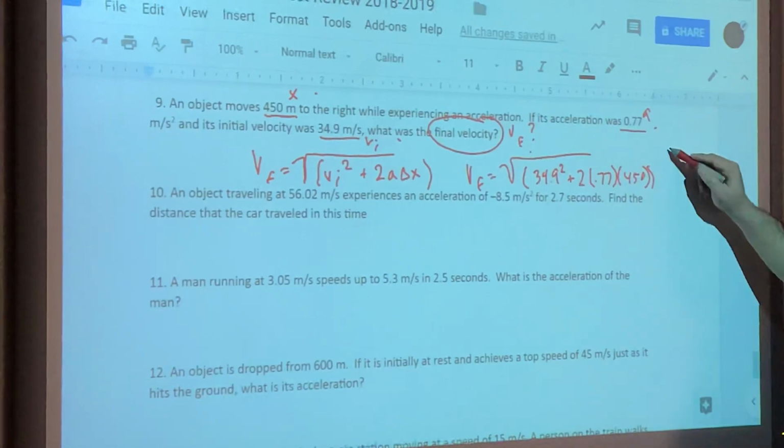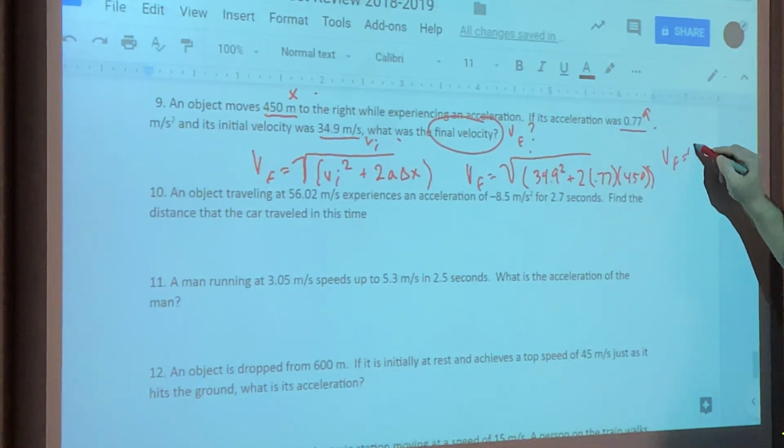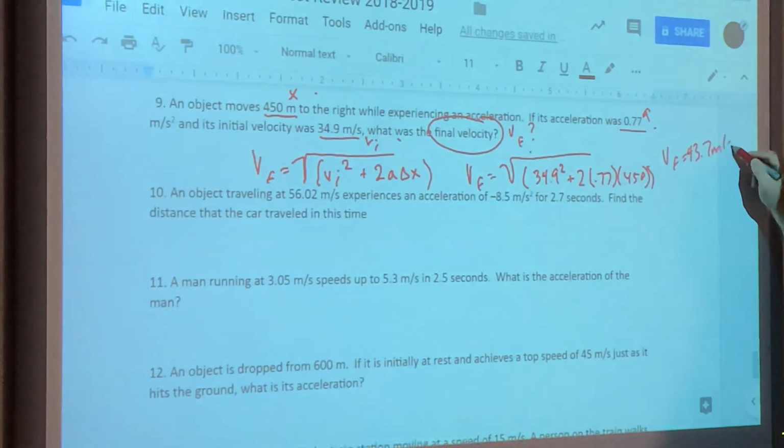So you should get 43.7 for your final velocity, meters per second.